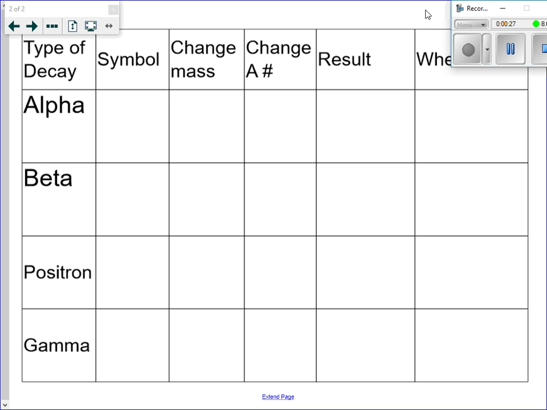So for alpha decay, there's actually two different symbols I want you to write down. The first one is kind of a cursive A with a 4 and a 2. The second one is actually the symbol for helium.